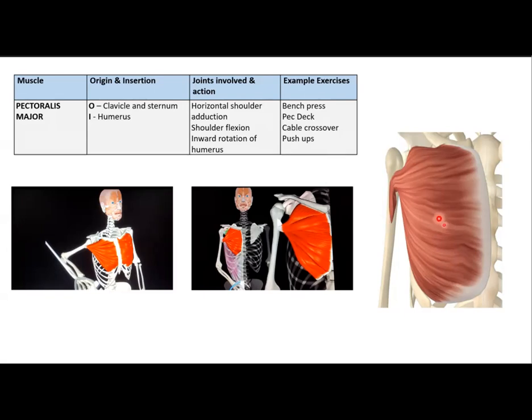That's the main part. But you do have three parts of your pectoralis: the top part, the medial part, and the lower part. That's why sometimes you see people doing an incline bench press, a decline bench press, or a flat bench press. It depends how you angle your exercise.